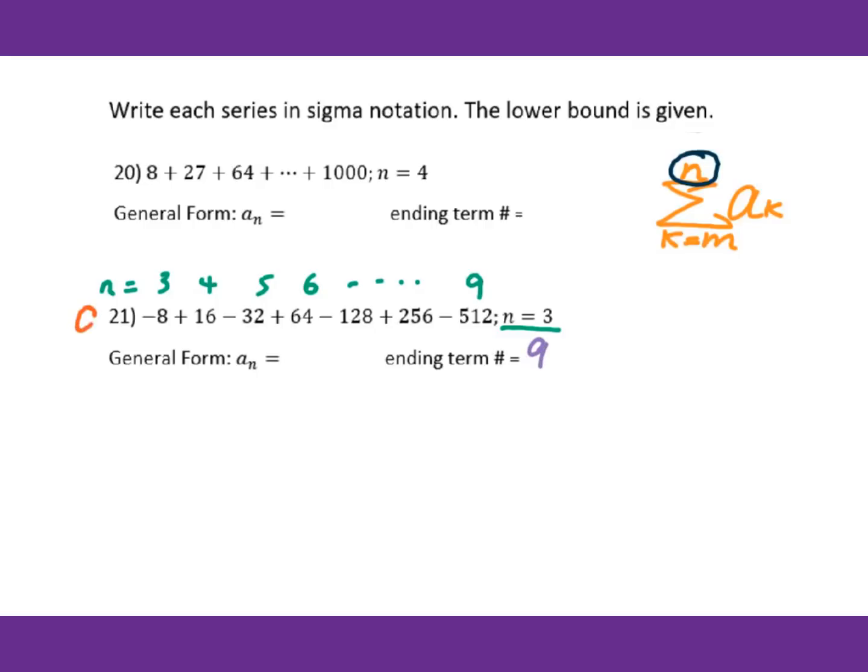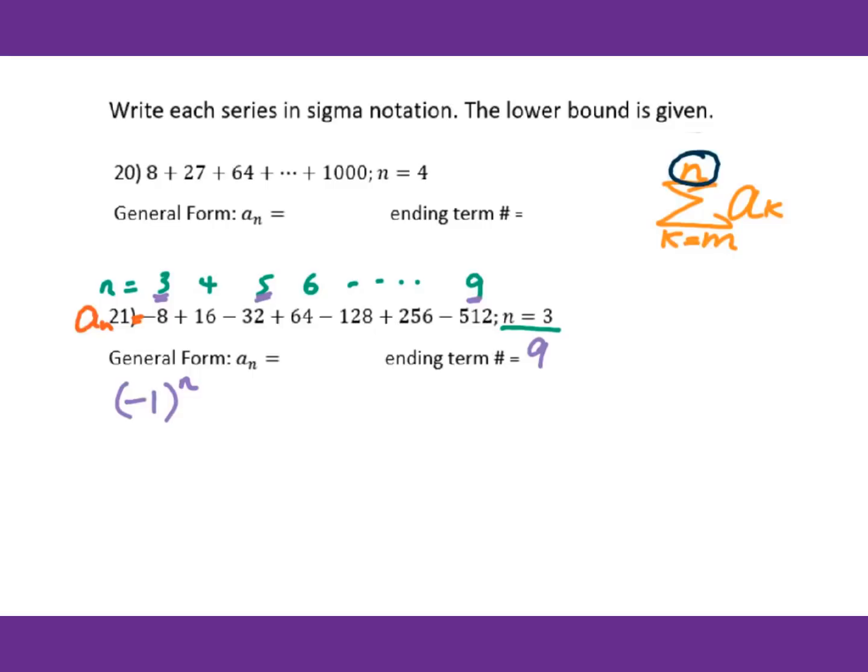For a sub n, the signs go negative then positive, negative, positive. Could say for all the even positions that's negative. Therefore, we can use negative 1 to the nth power to show this positive and negative.